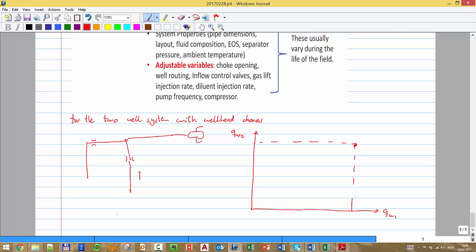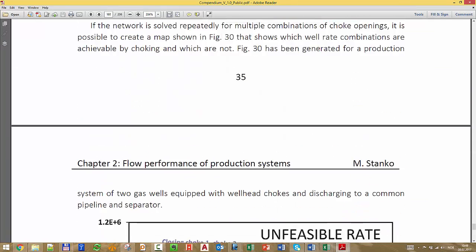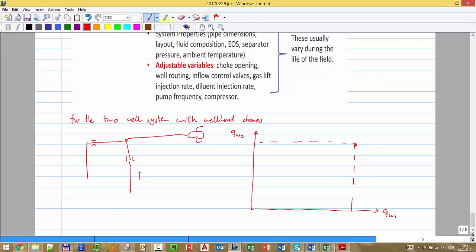Okay? Now I start choking. So let's see how the area, just to give you a realistic area. Yeah, better we start like that. So we have the two of them fully open, two chokes, choke 1 and choke 2 fully open. Okay. Now I close completely choke 1, okay, and then I obtain that point.